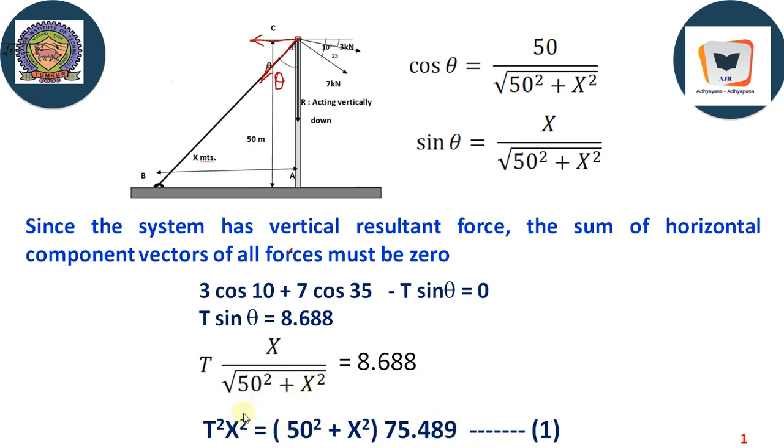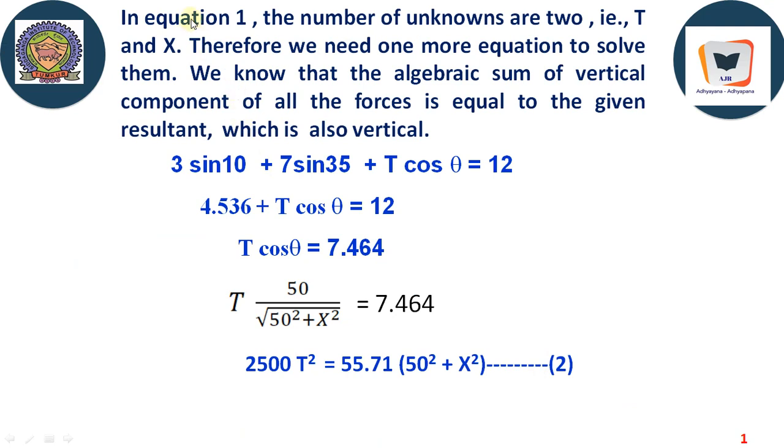Upon cross multiplication, we get equation number 1. In equation 1 there are two unknowns, T, the tension in the wire, and x, the distance. Therefore we need one more equation to solve them.